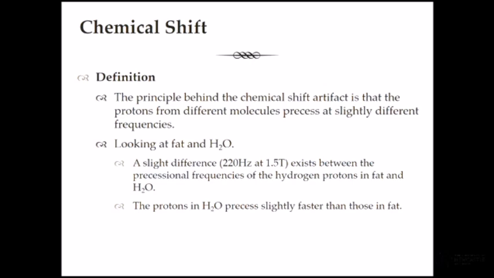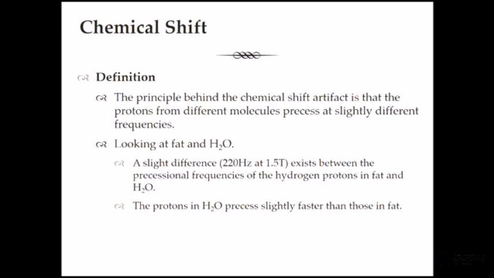So chemical shift. The principle behind chemical shift artifact is that the protons from different molecules precess at slightly different frequencies. Remember I said that when we do clinical MRI scanning on humans, essentially what we're making is geography maps of fat and water, because that's mostly what is in us in terms of protons.